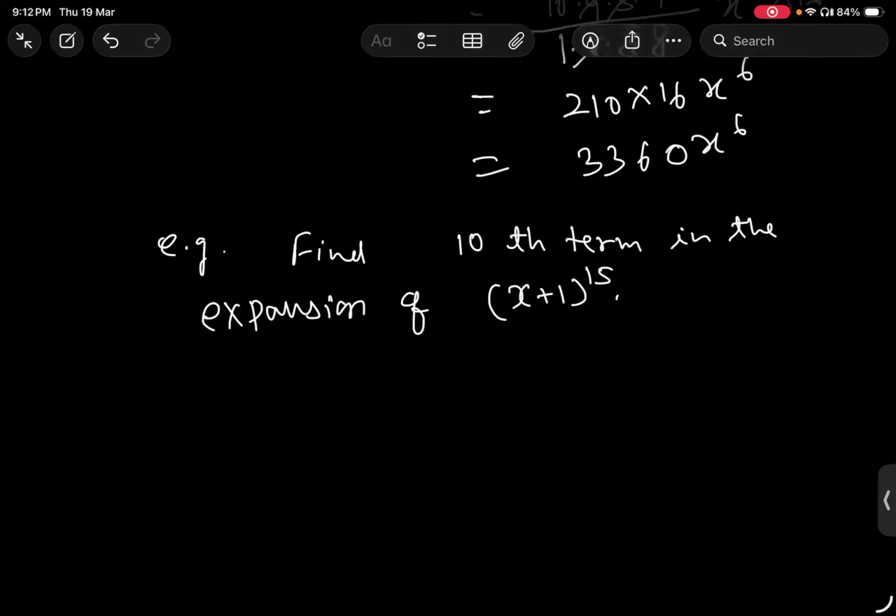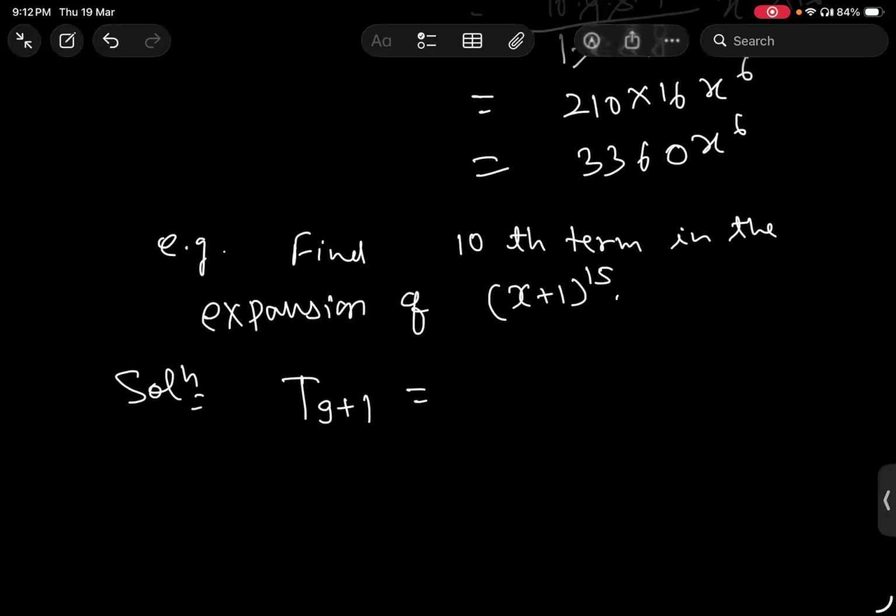So we will find the general term, right? The general term is t(r+1). We have to find the 10th term, so we will take 9 plus 1. The 10th term can be written as t(9+1).